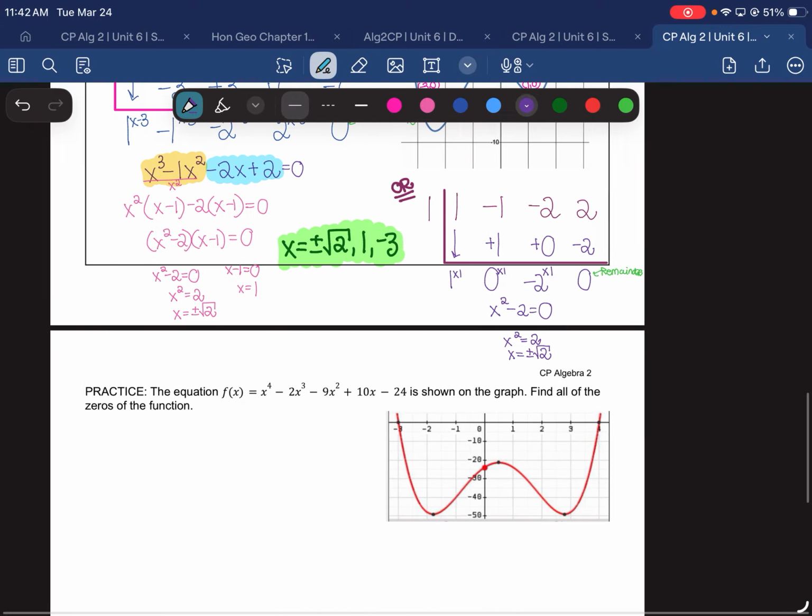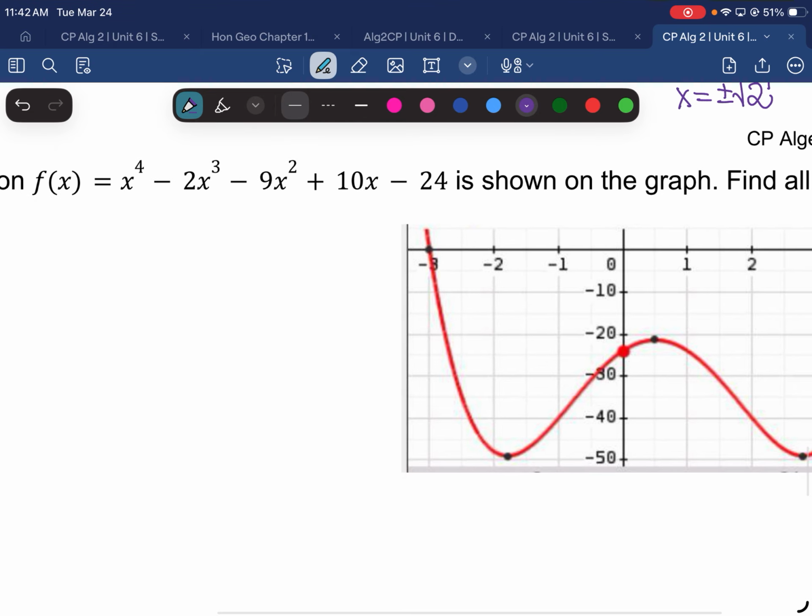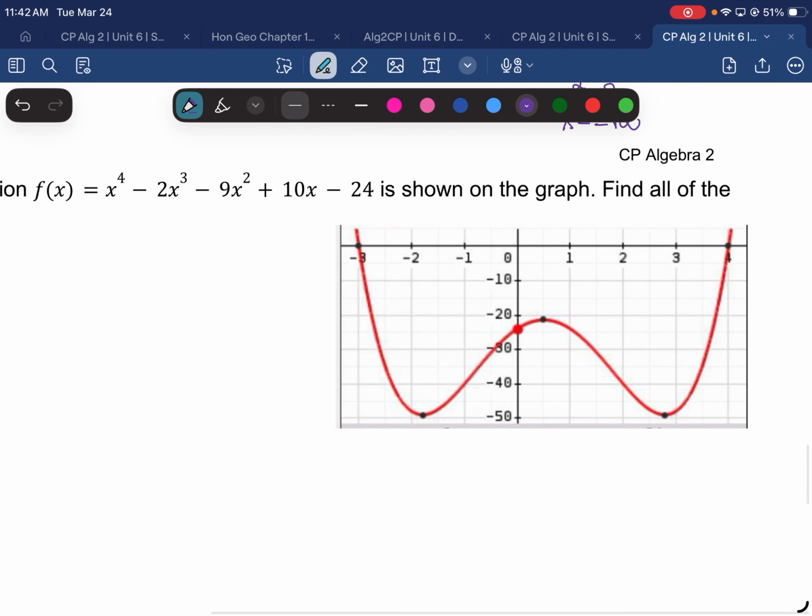Here's what I want you to do. I want you by yourself to start on this one. I'm going to spoil it for you. You're going to have to do synthetic division twice. This is x to the 4th. So how many x-intercepts would you anticipate there would be? 4, but how many do you see? 2. However, hold on, listen.